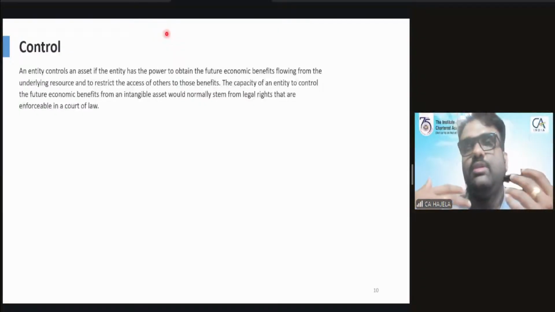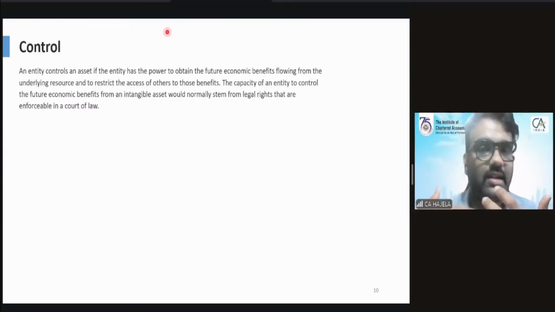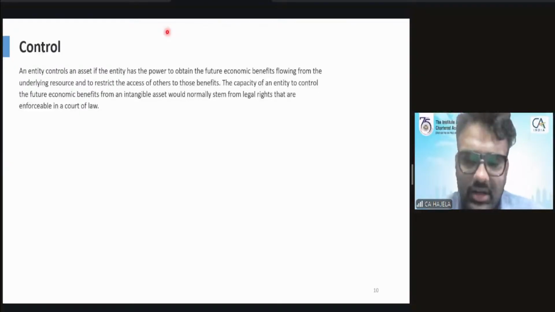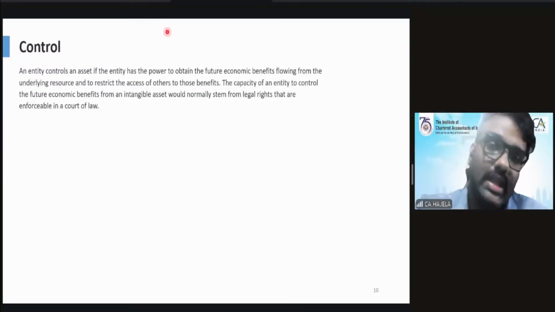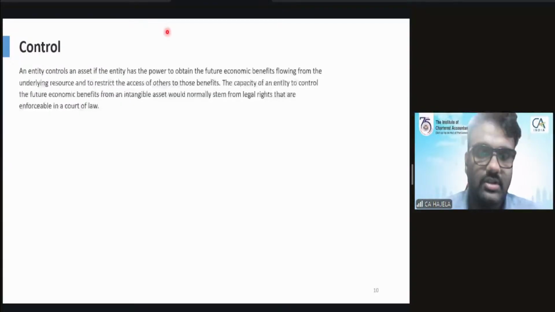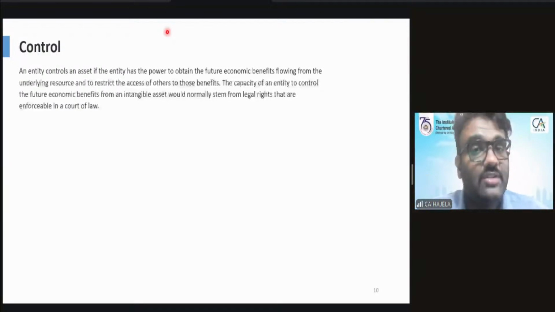Now, some of the big consulting entities, some of the Big Four accounting firms and other industries have made their own in-house AI based chat softwares. For them, it is an intangible asset because they have the control. They can restrict the access.